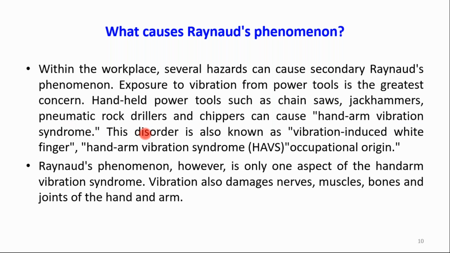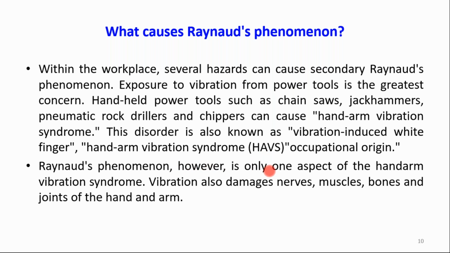This disorder is also known as vibration-induced white finger, hand-arm vibration syndrome, or HAVS, of occupational origin. So if it occurs due to vibrating machinery, vibration tools or hand power tools, it is called HAVS or vibration-induced white finger.